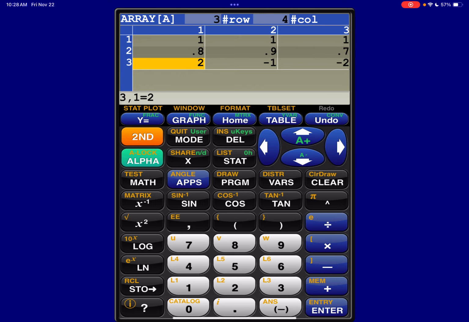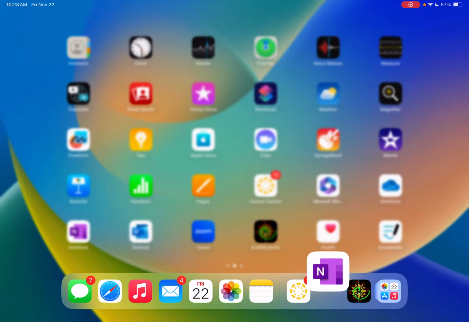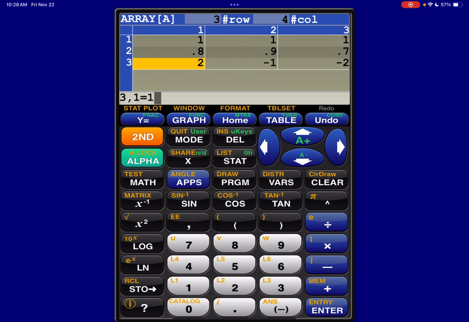So let me make sure, 0.8, 0.9, 0.7, and 770. And the last equation here, as you see, is x minus z is 100. That means 1, 0, -1, and 100. So we had 1x, no y in this equation, -1z, and then equals 100.